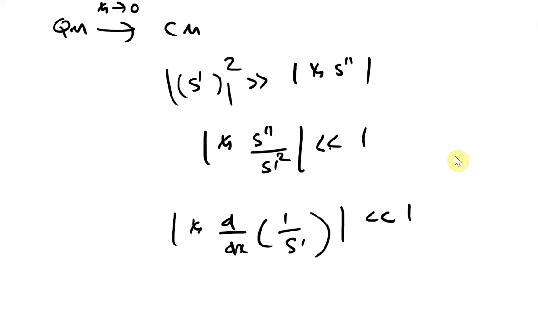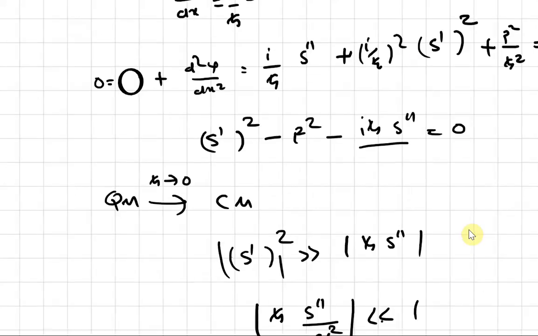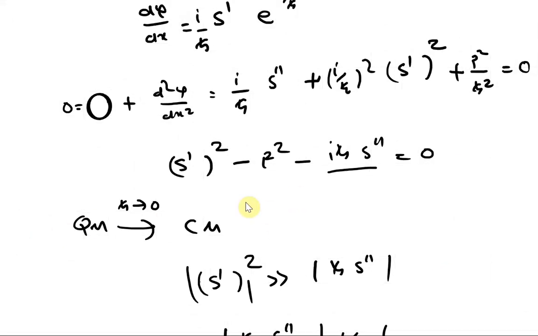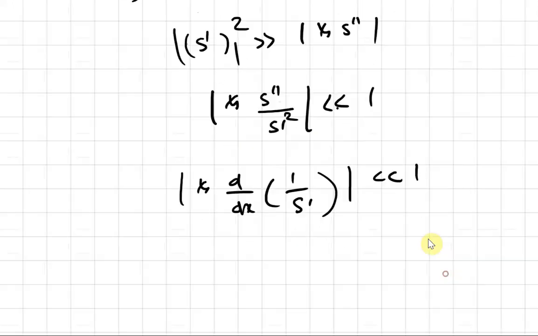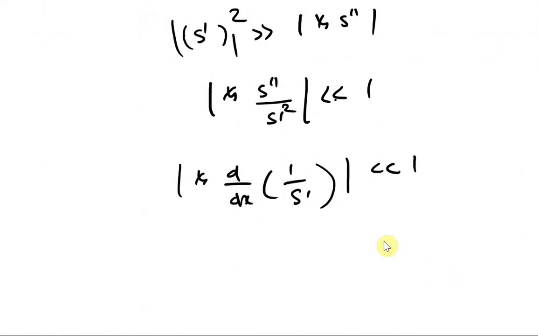Now what about this s prime? That s prime is nothing but your p. In this condition we have already derived it: if you compare the real and imaginary parts separately, you obtain s prime equal to p. So s prime is nothing but your p, and you have a constant here.